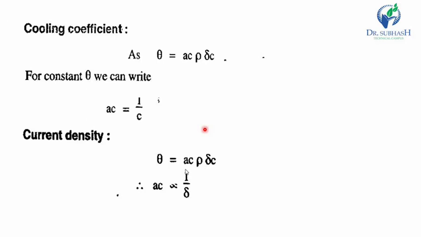Now if a higher value of specific electric loading can be used in the machine, we use a lower current density. Here we choose a higher value of AC. At that time the value of delta we choose is low, because AC is inversely proportional to delta.